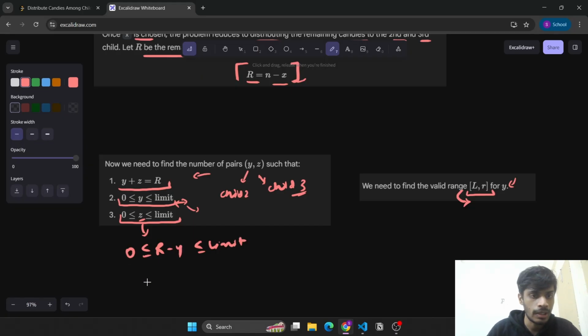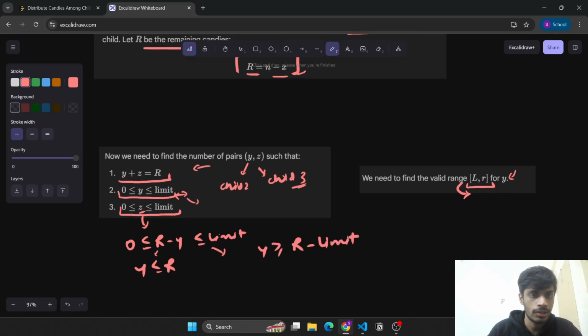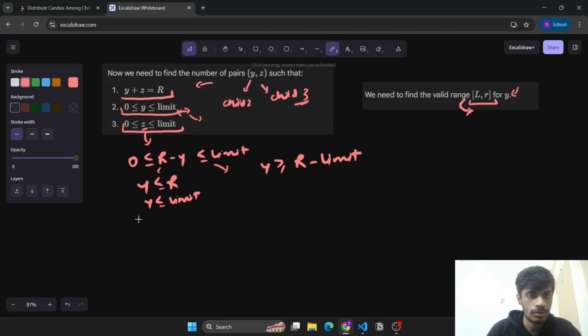So this means y should be less than or equal to r, from the left hand side, and this means y should be greater than or equal to r minus limit, right? And since y is less than or equal to limit as well, hence this derives that y should be less than or equal to minimum of r comma limit, right?